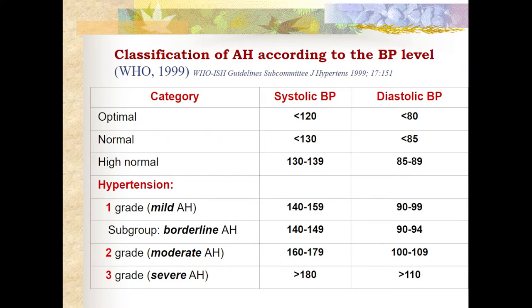Normal blood pressure is less than 130 mm of mercury systolic and less than 85 mm of mercury diastolic. And high normal arterial pressure is 130 to 139 mm of mercury systolic and 85 to 89 mm of mercury diastolic blood pressure.